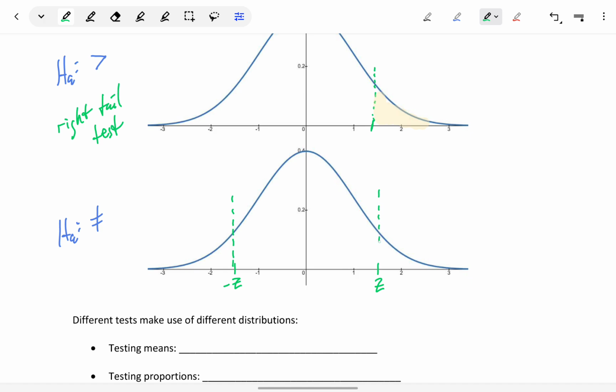We make two boundaries, and then we calculate the area under the curve to the left of the lower boundary and to the right of the upper boundary, and then we add those two areas together. And this is referred to as a two-tailed test, since we're looking at the probabilities on both the left and the right tail.